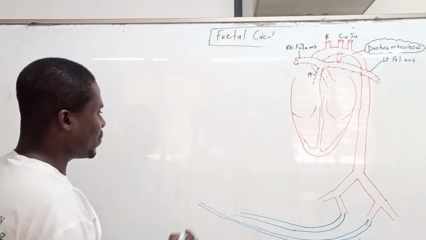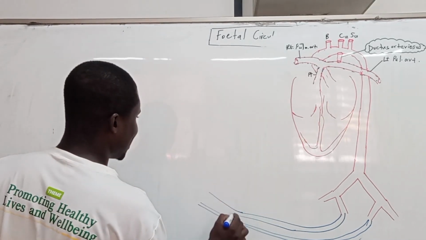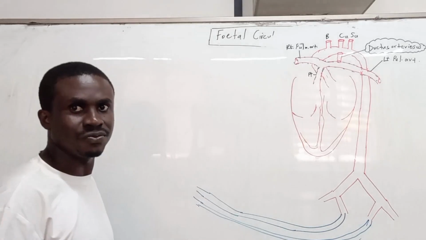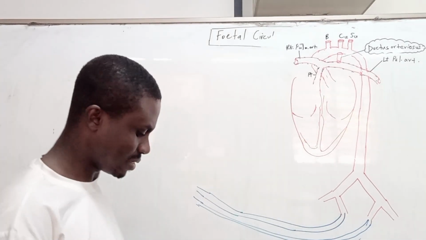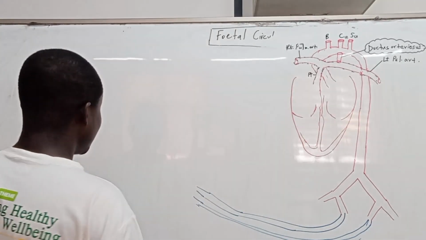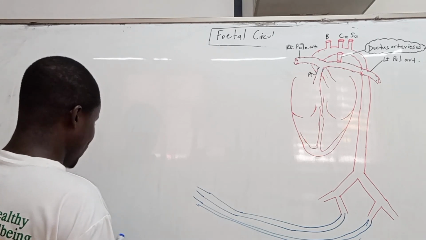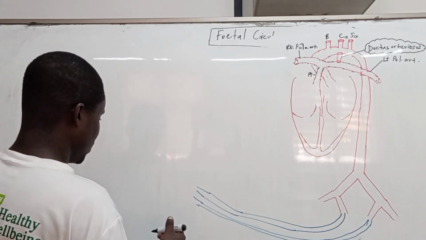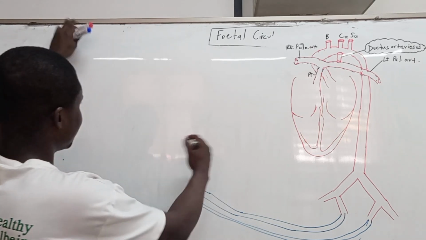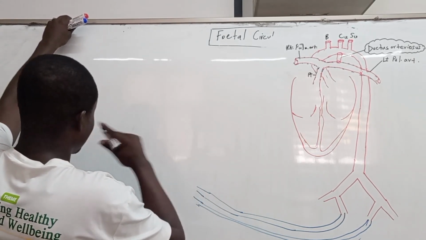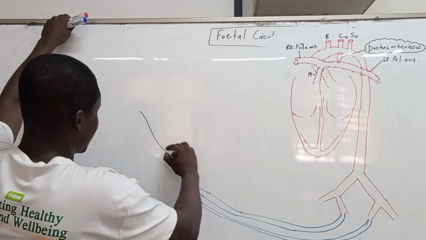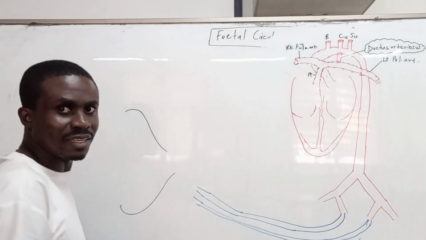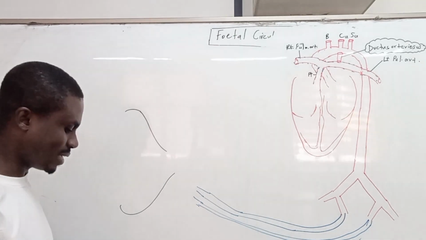Good. Now, eventually, where are you going to? As I said, we are getting to the level of the placenta. Assuming I say this guy over here is the placenta, let's take that this is the placenta.